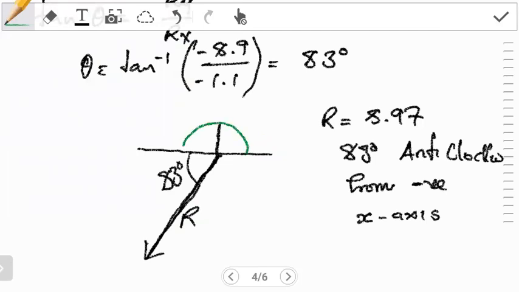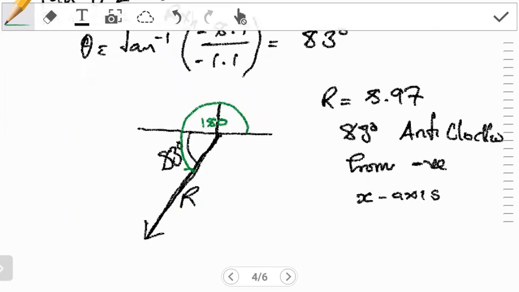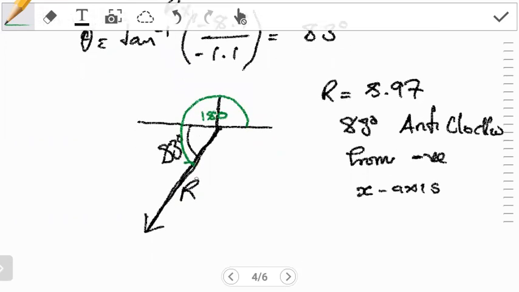And if we get it from the positive x-axis, all we need to do is, since from here to this part, the straight line, it's 180, add 180 to our 83, and what we get is going to be the full angle from the positive x-axis.